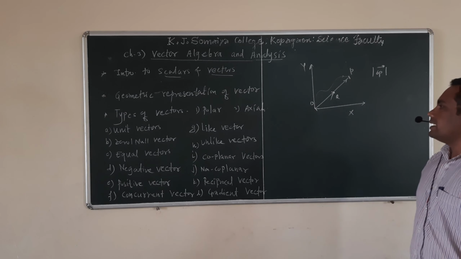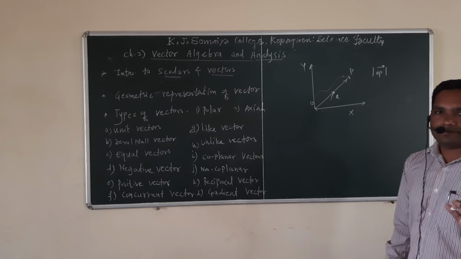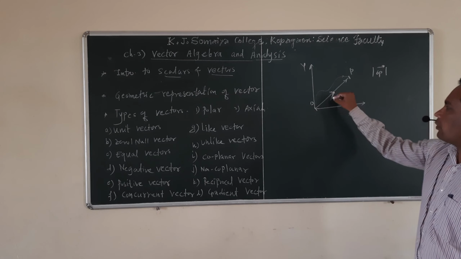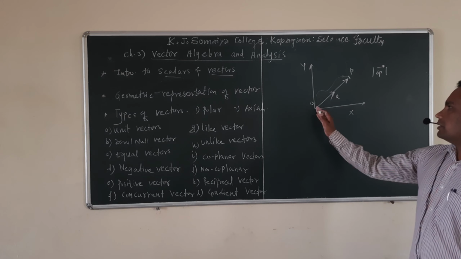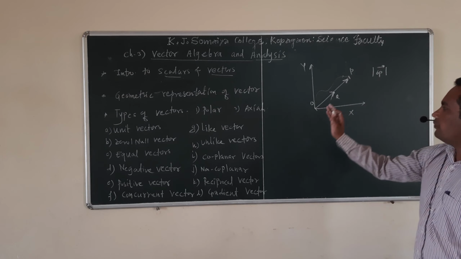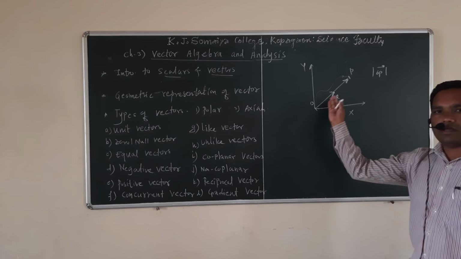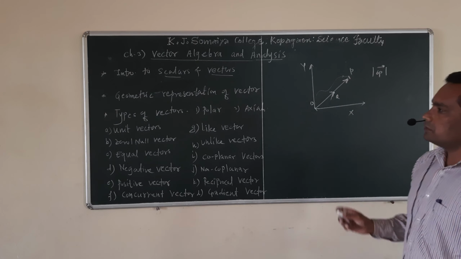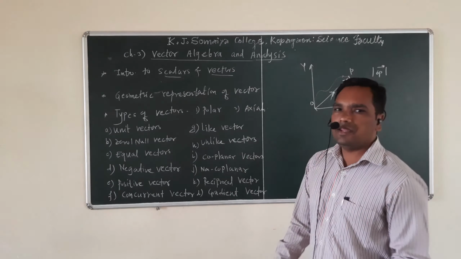Any vector has magnitude as well as direction. Here direction is represented by an arrow. Initial position, final position, and we show an arrow, which means in which direction that object, in this case the ant, is moving. So you must have understood what is meant by geometric representation of any vector.